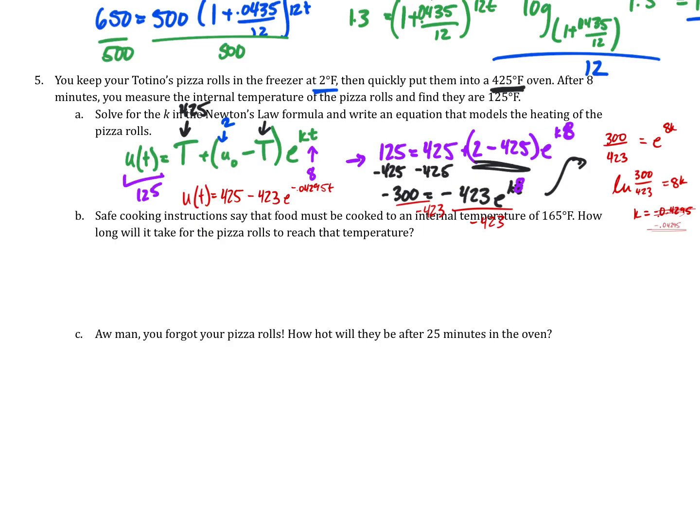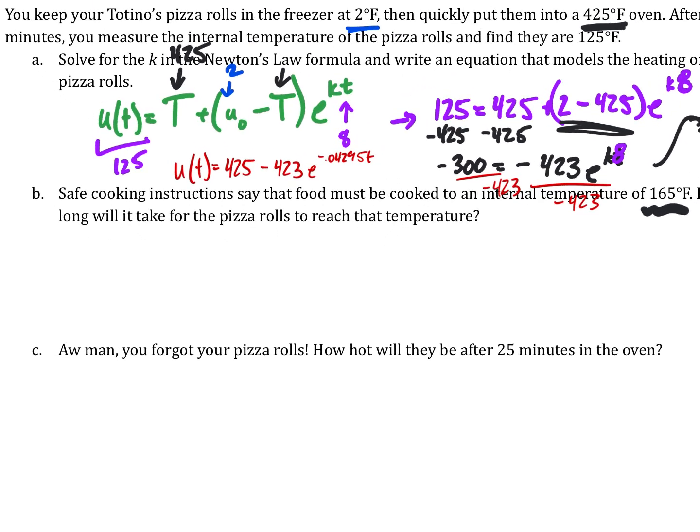Okay, for the next one, it says that we are supposed to figure out how long it's going to take until it gets to 165, which is the safe temperature for food that's been cooked. So we're supposed to put in 165 for the output of the temperature. 165 equals, and then we have to solve that equation for t to figure out how long it's going to take to get there. So again, subtract the 425, divide both sides by the negative 423.